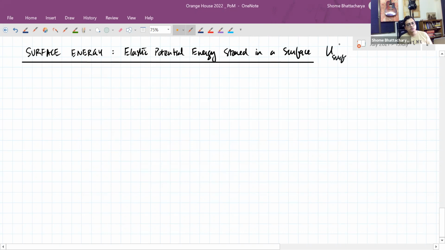So we can denote it with a symbol like this, capital U surface. This surface energy is the work done by an external agent in creating the surface.